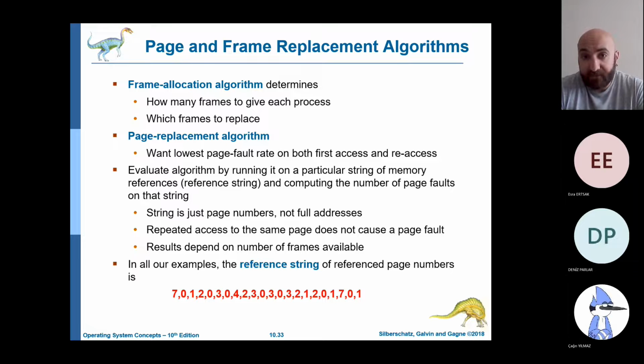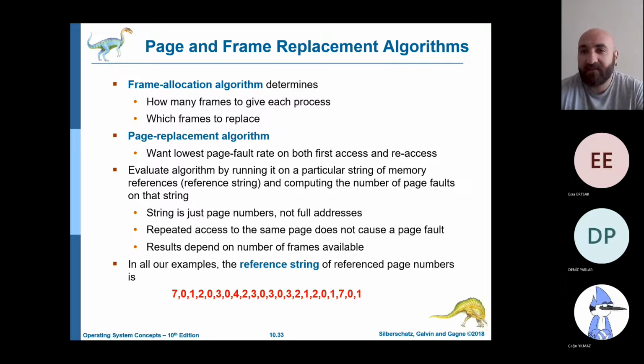There are many different page replacement algorithms. We are going to evaluate an algorithm by running it on a particular string of memory references and computing the number of page faults. The string of memory references is called a reference string. We can generate reference strings artificially, by using a random number generator.